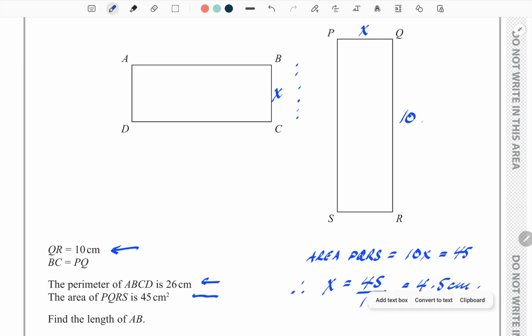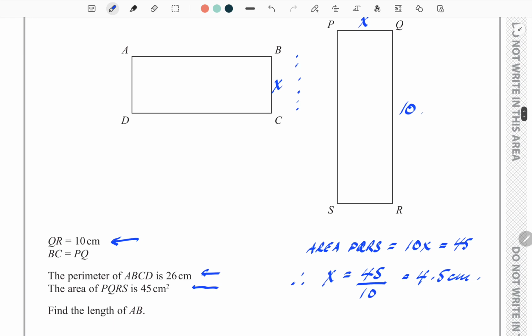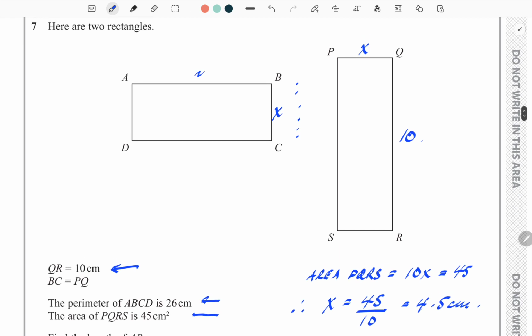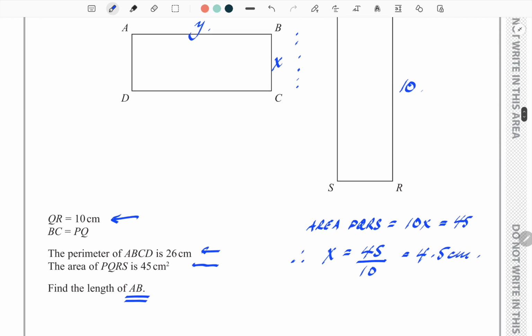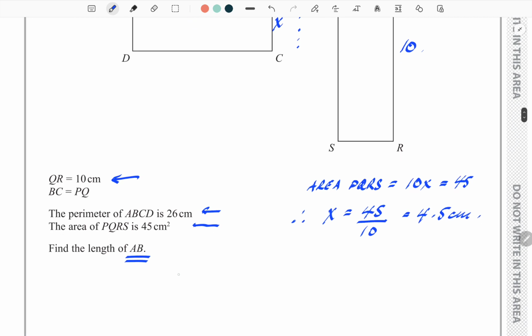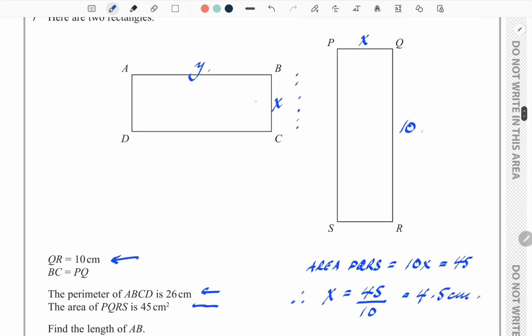So we have one dimension already, all right? And now, it says find the length AB, okay? We're going to call that AB length Y. All right, let's call that Y. So when it comes to perimeter, it says the perimeter of ABCD equals 26, all right? We now know that x equals 4.5, all right?